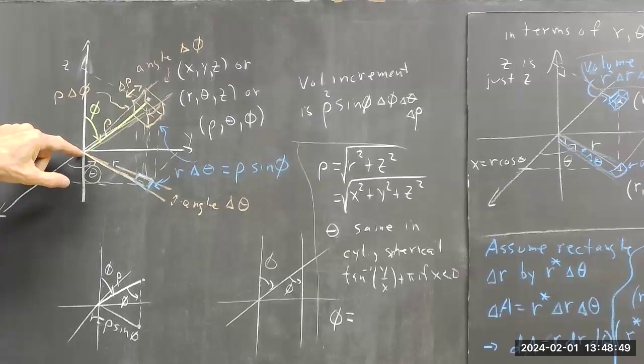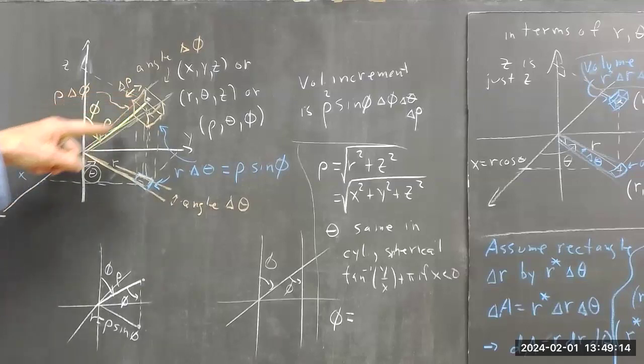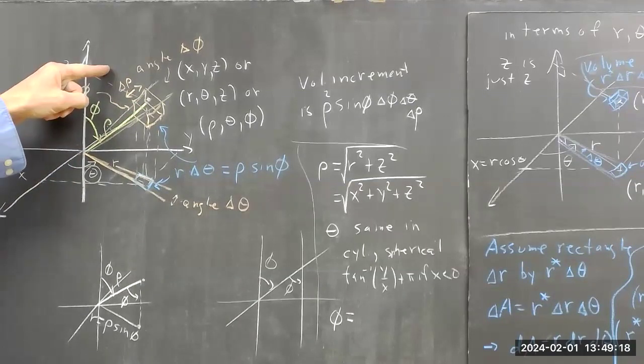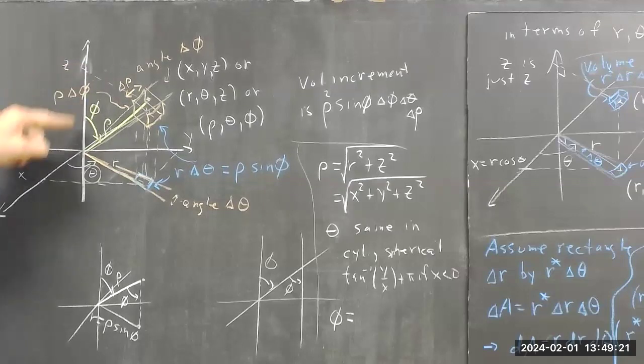If we want to express that triangle in terms of r, theta, and z, what is it? What's the tangent of this angle? It's the opposite side over the adjacent side, right?